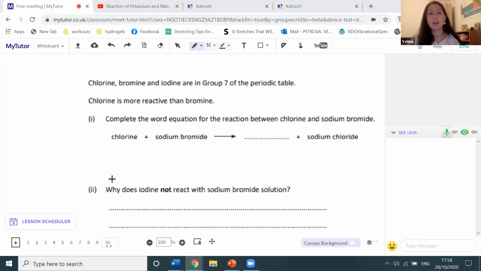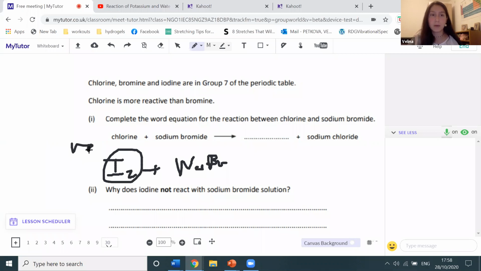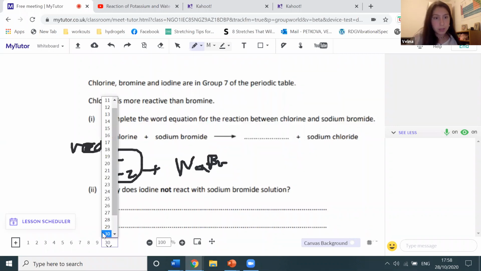If we had I2 plus NaBr, are we going to see any colour change? Brilliant. So the colour is going to remain as red because that's the colour of iodine. Exactly. You're not going to see any colour change because iodine is less reactive than bromine and bromine is not displaced. Brilliant. Well done.